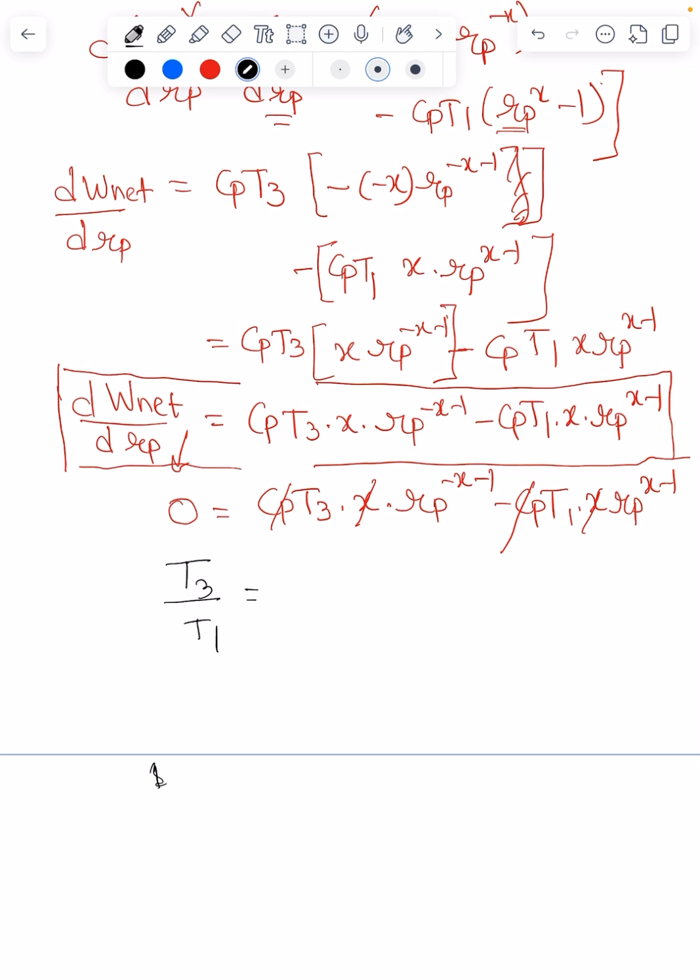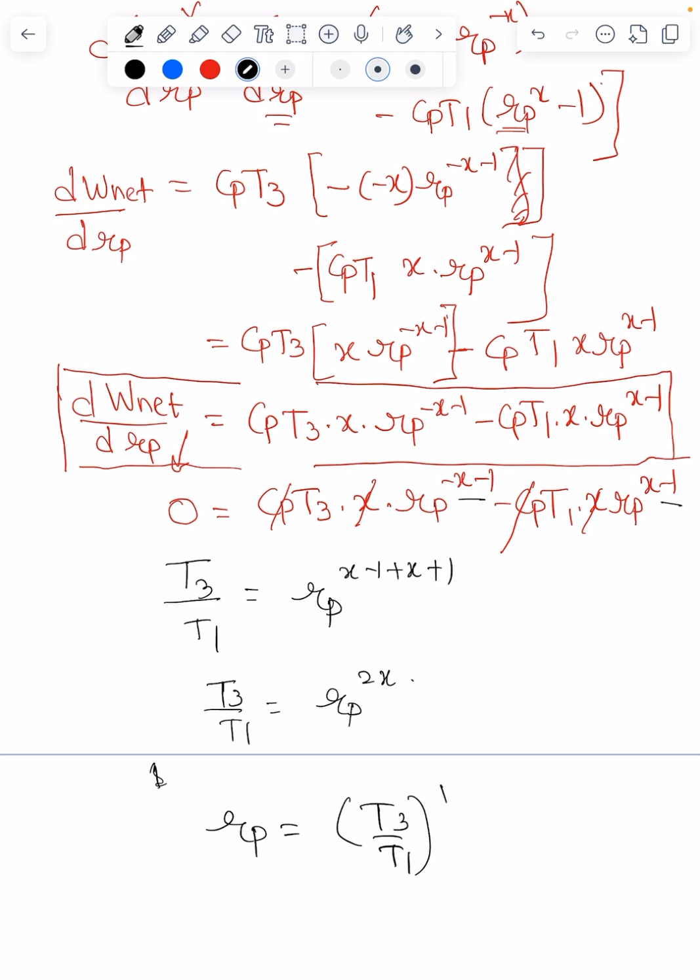You'll get T3 upon T1 is equal to Rp raised to x minus 1 plus x plus 1. So T3 by T1 is equal to Rp raised to 2x, or Rp is equal to T3 by T1 raised to 1 by 2x.